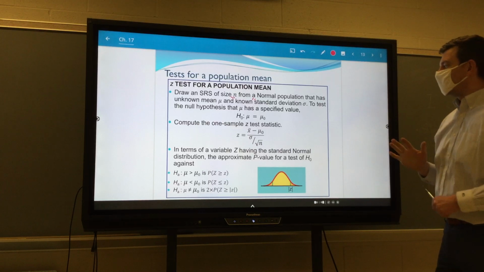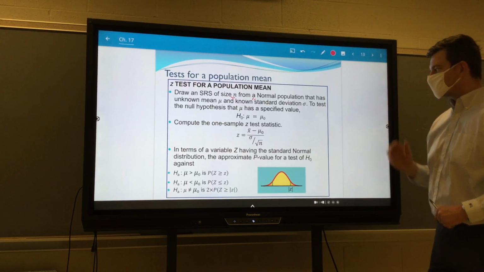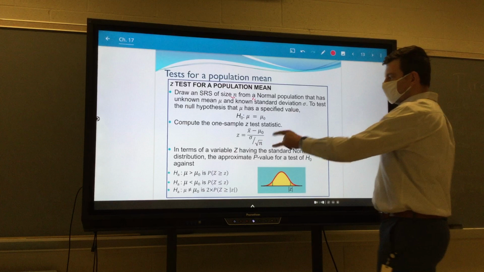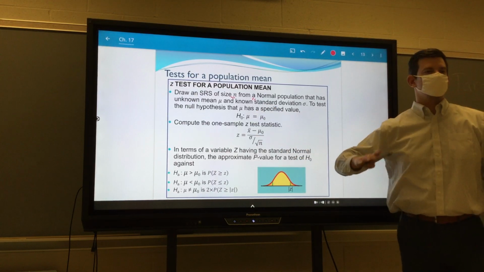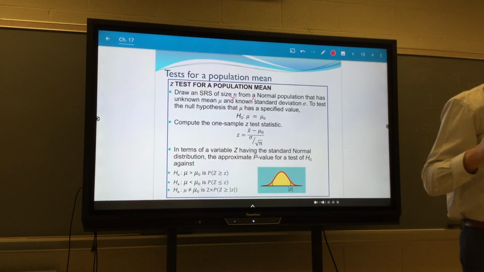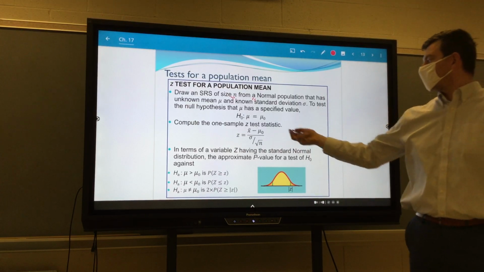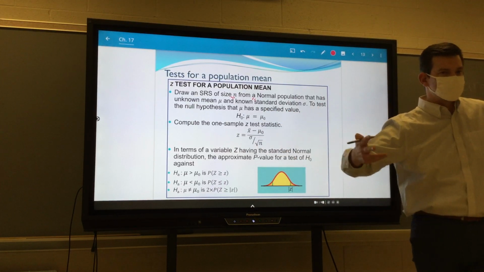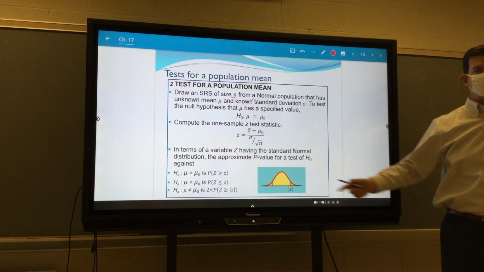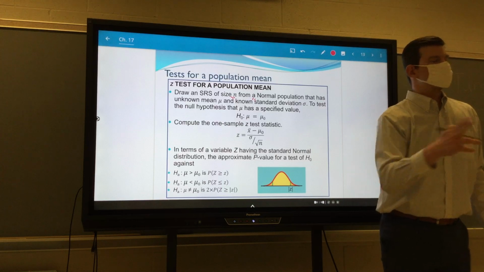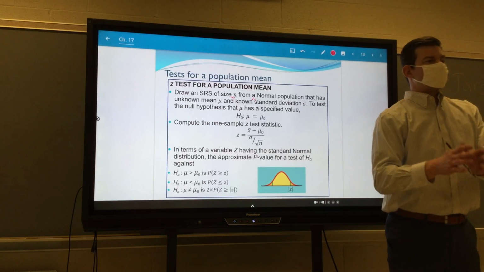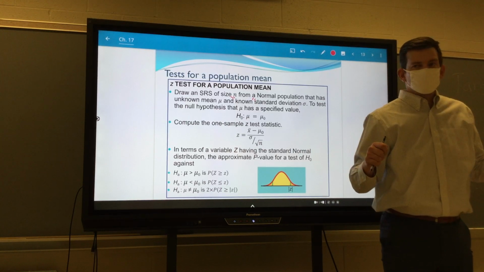To test this null hypothesis, that it has a specified value, the null is saying that our mean is some number, some population mean. Right now, we'll represent it as mu sub 0. In our examples, we had seen that it was 0. Our sweetness, it averaged out to 0. There was no change.